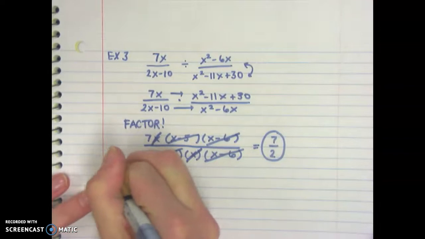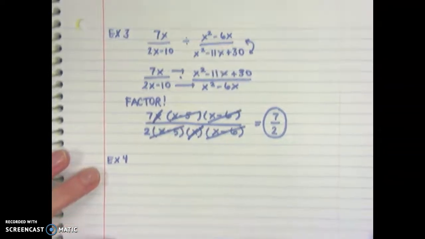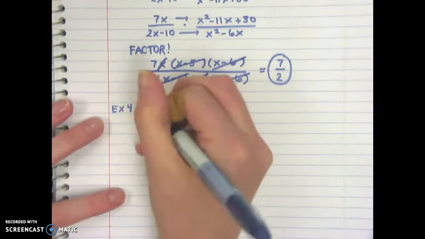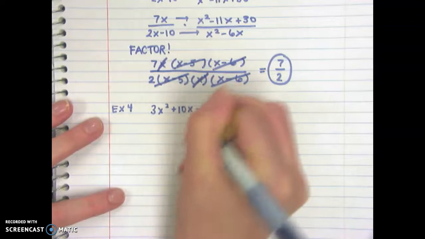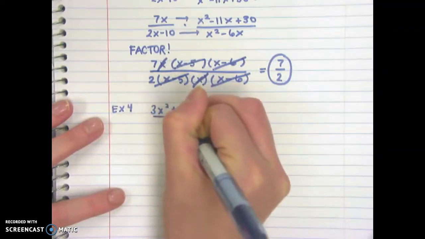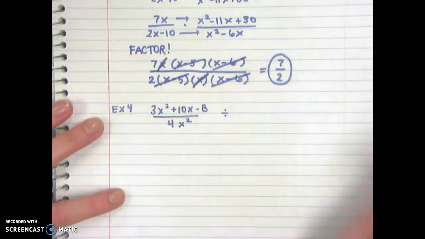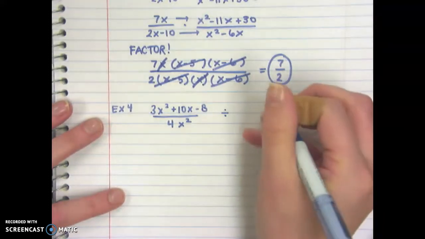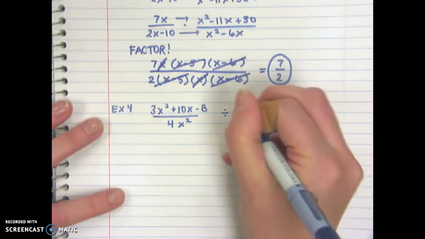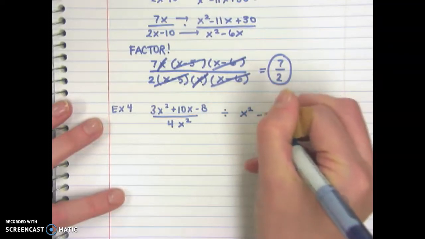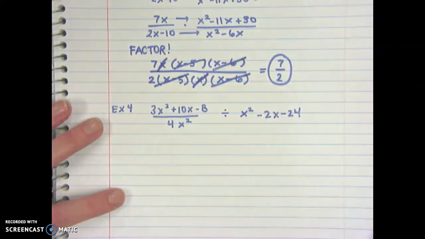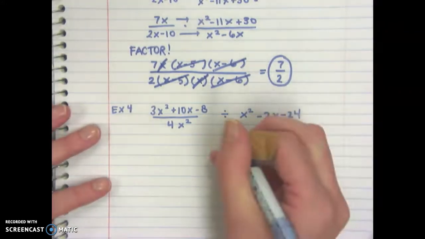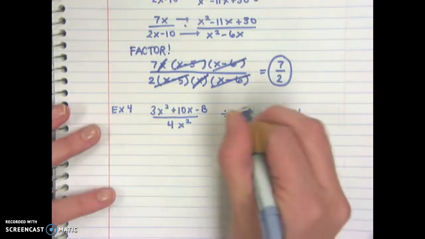Example 4. 3x squared plus 10x minus 8 over 4x squared divided by x squared minus 2x minus 24. When I divide with rationals, that's the same as multiplying by the reciprocal.